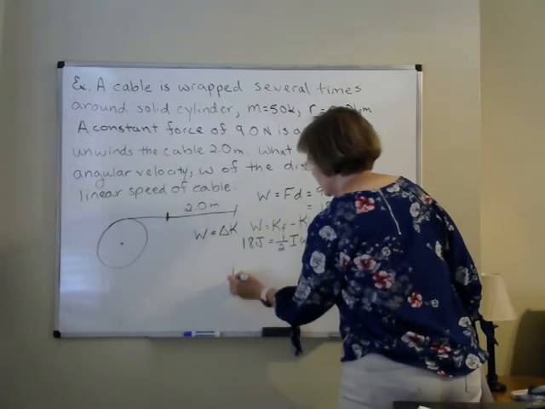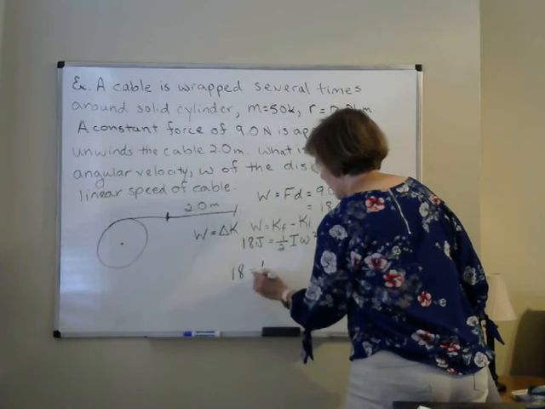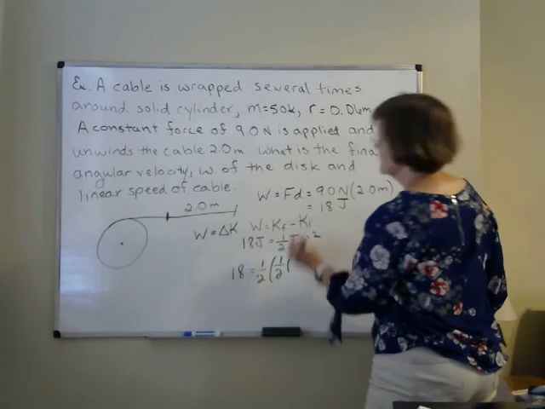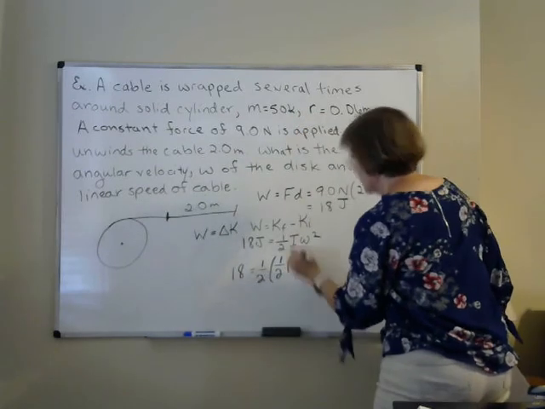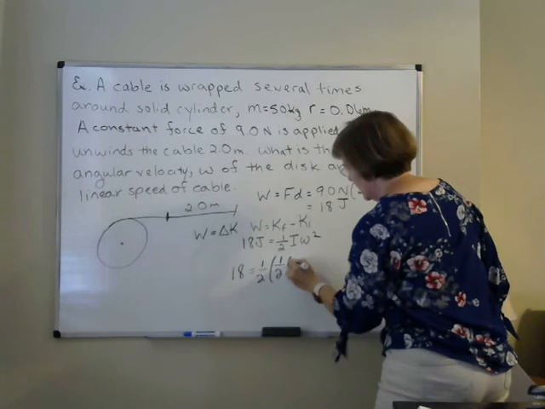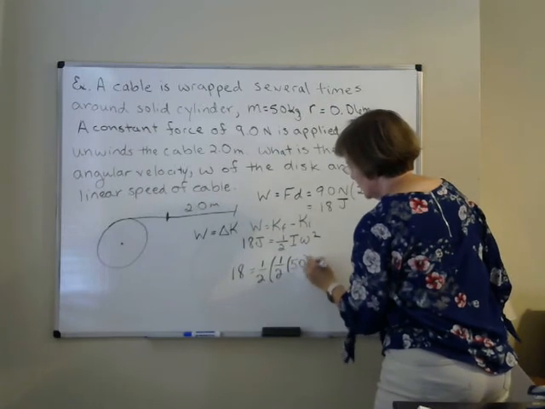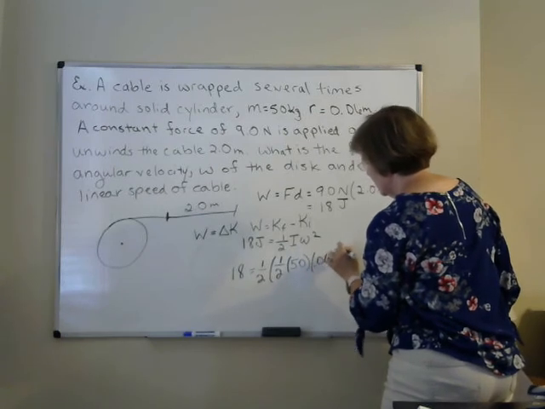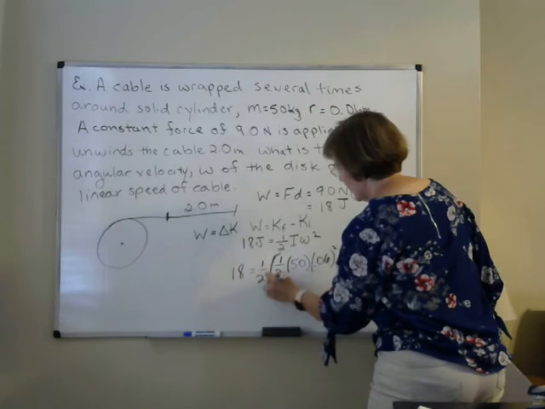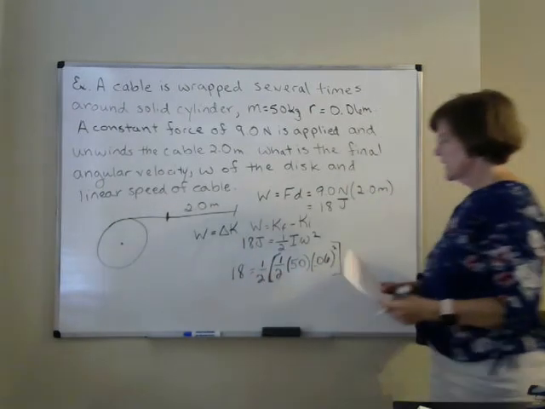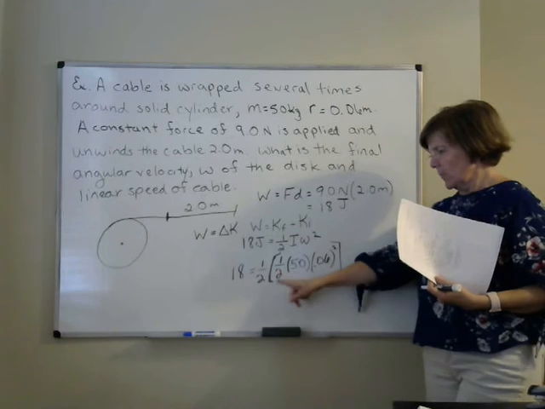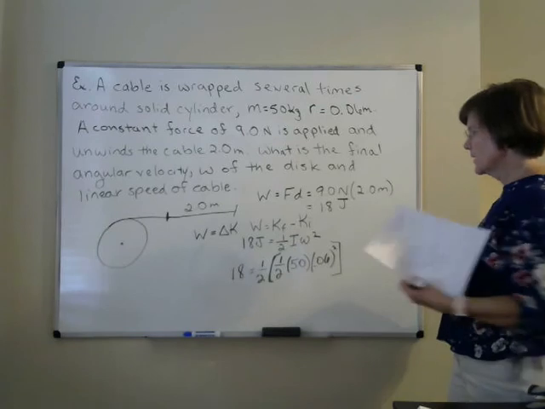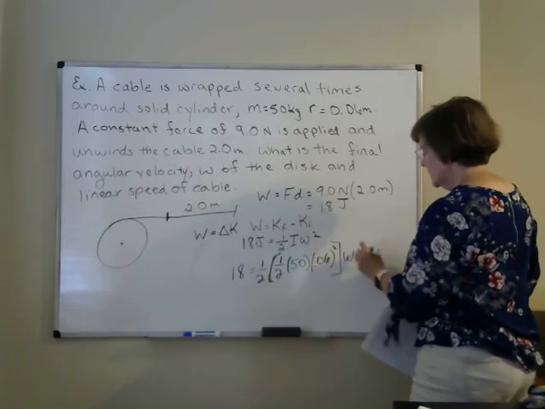So I have 18 joules equals 1/2, I is 1/2 times the mass, 50 kilograms, times the radius squared, 0.06 squared. So put that in a bracket so you can see that. All of that is just I. That's our formula, 1/2 mr squared. So we could have calculated this separately, but that's the moment of inertia for a solid disk times omega squared.